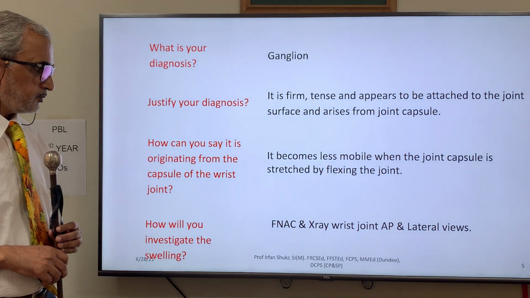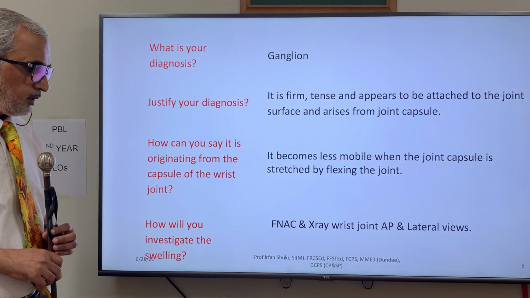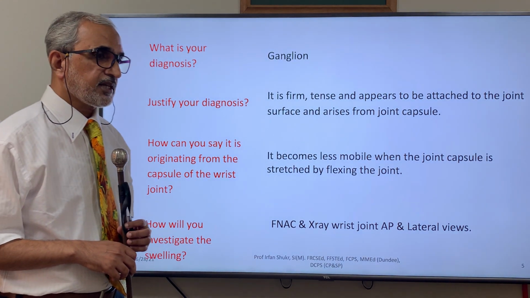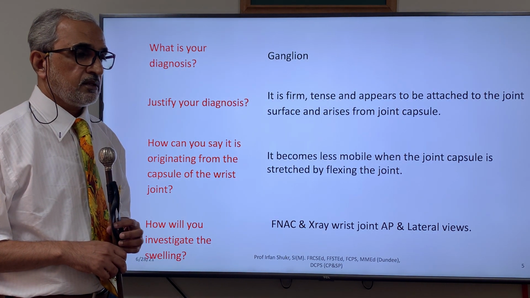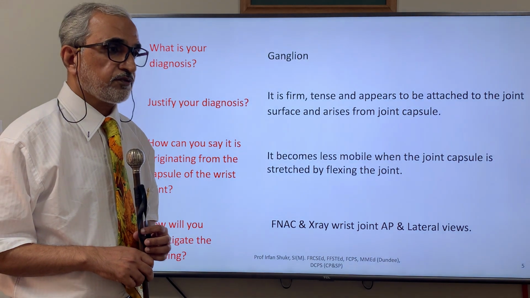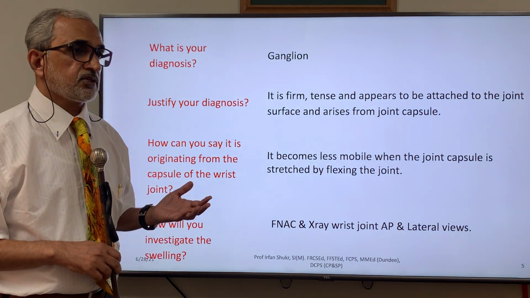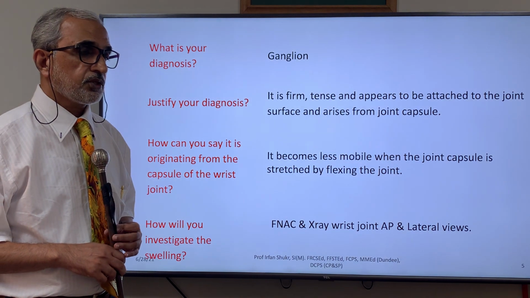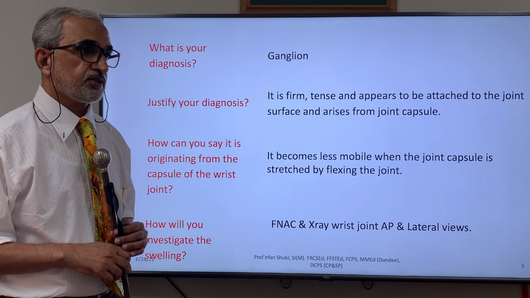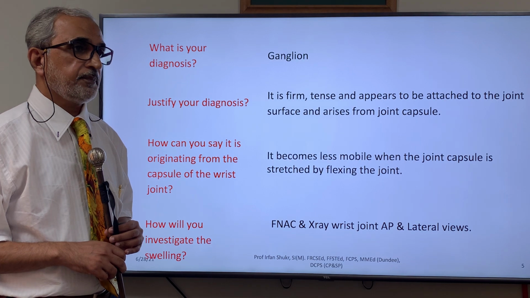How will you investigate the swelling? Since in my differential diagnosis there is a protrusion of synovial joint, which occurs only in cases who have arthritis, I would like to have an X-ray of the wrist, AP and lateral view.